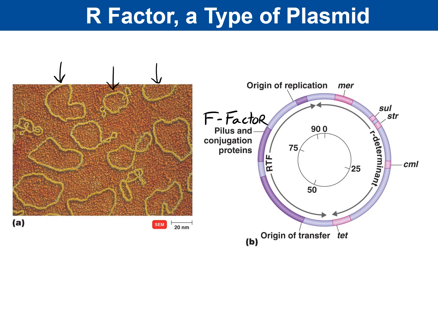Every single one of these loops is a plasmid. They're all plasmids. This is a high copy number plasmid, as we can see. So plasmids can be transferred over during transducing events, during conjugation, even during transformation.